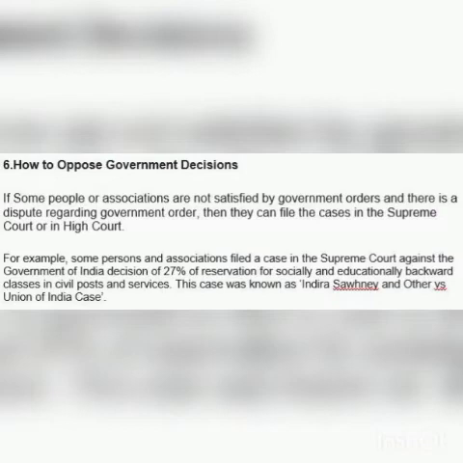For example, some persons and associations filed a case in the Supreme Court against the Government of India decision of 27% reservation for socially and educationally backward classes in civil posts and services. This case was known as the Indira Sawhney and others versus Union of India case.